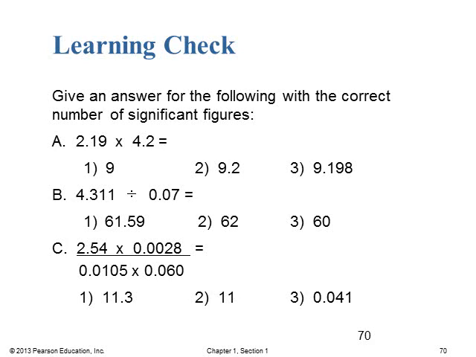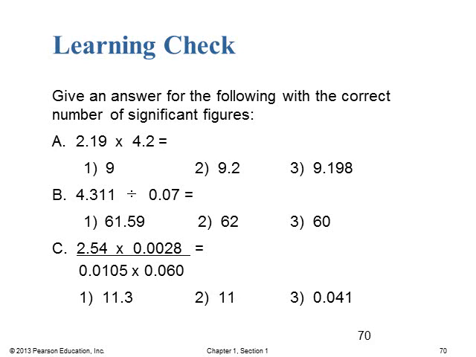All right, and so just a quick check of understanding. If we have 2.19 times 4.2, we can plug that into our calculator, and we would get an answer of 9.198. And so then we have to look at where we can round off, and how many significant figures we are allowed to report.